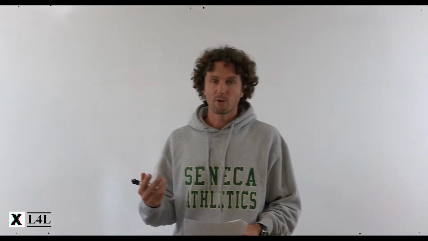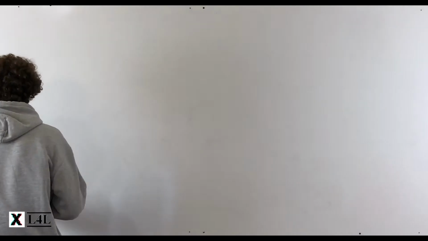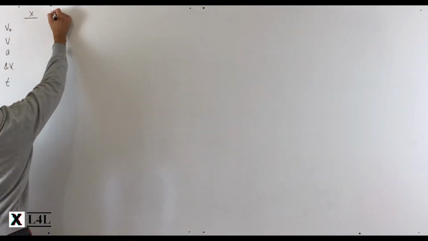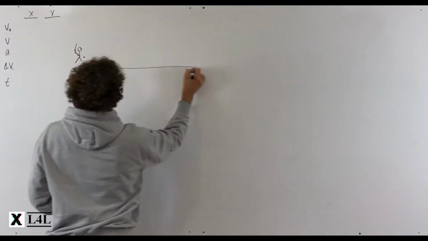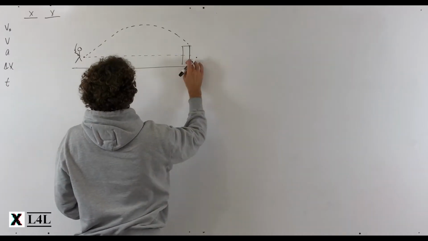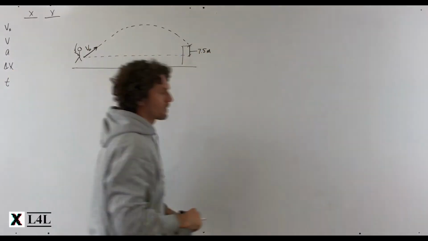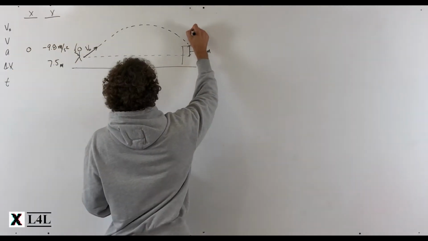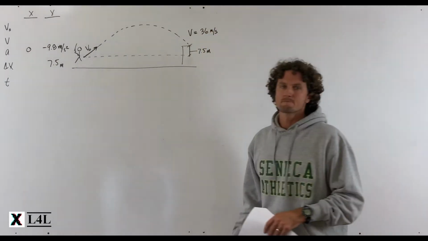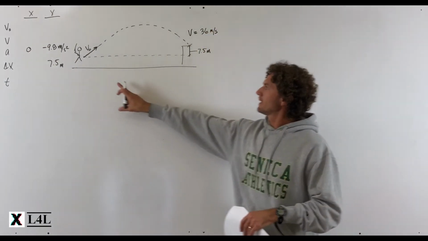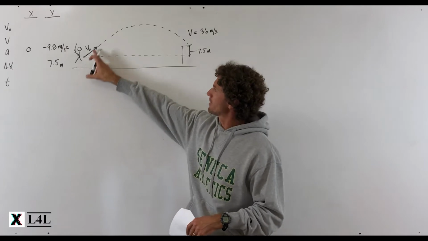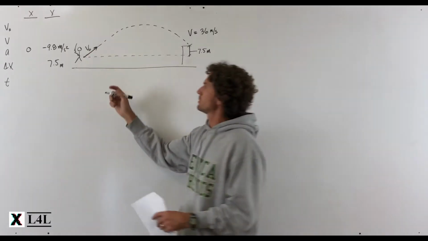So first off again, let's identify our variables with our knowns of what we know and draw a diagram. Okay, so we have a diagram here, the baseball player hitting the ball, some initial velocity of which we don't know.